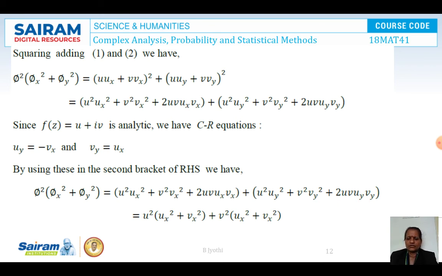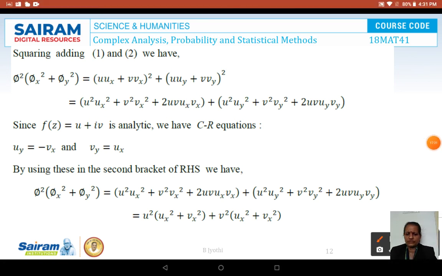That is, u square times ux square plus vx square. That means when I group the first term of both brackets, u square, if I take it common, it is ux square plus uy square, where uy is replaced with vx. Similarly, when I take v square as common, vx square plus vy square, that is ux. So again we are getting this.